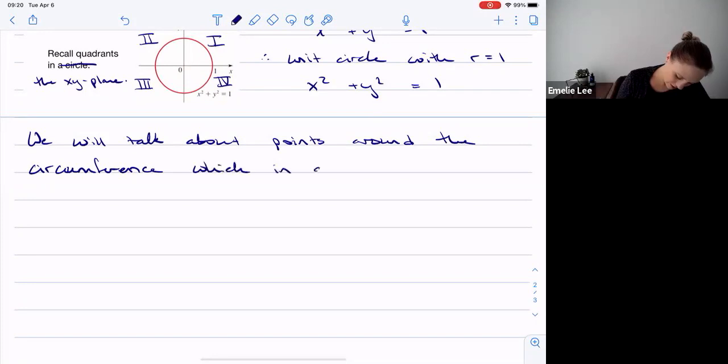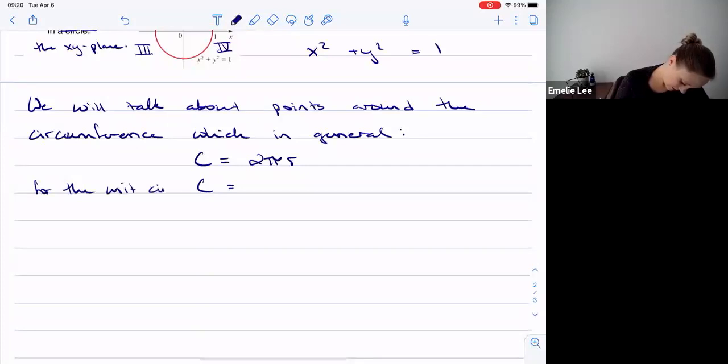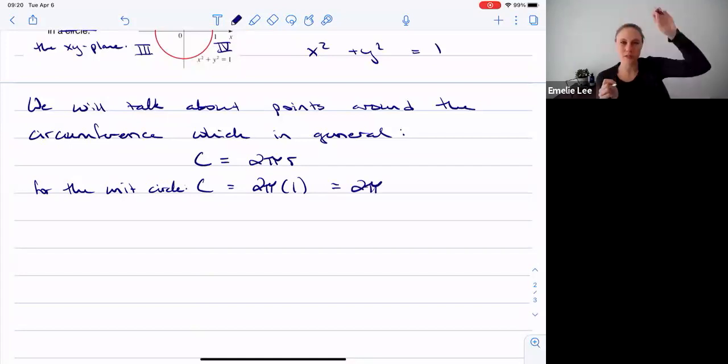In general, the circumference is 2 pi r, right? But the circumference for the unit circle is 2 pi times 1, right? The radius is 1. That's the definition of the unit circle. And so here, the total distance, remember the circumference is the distance around the circle.